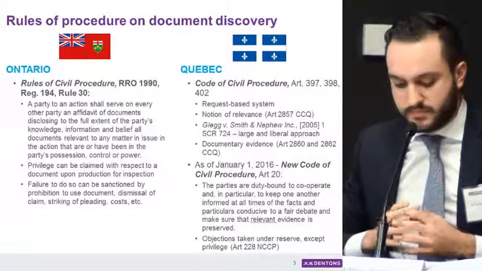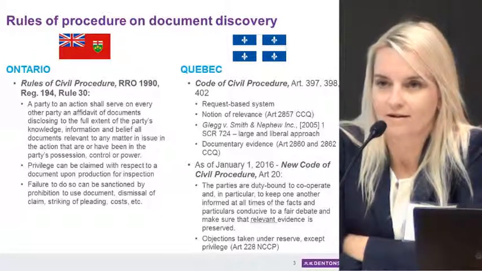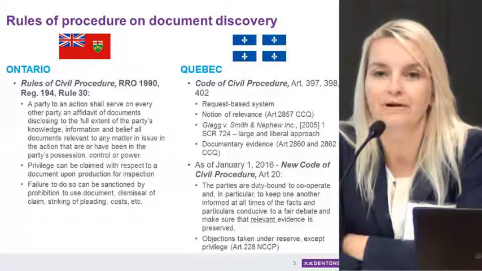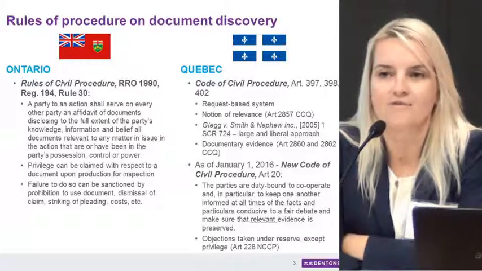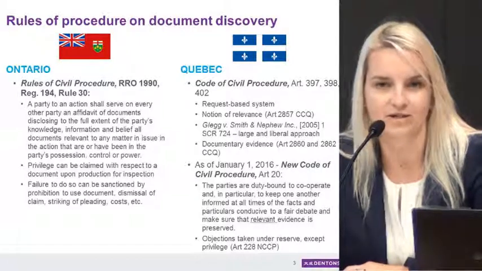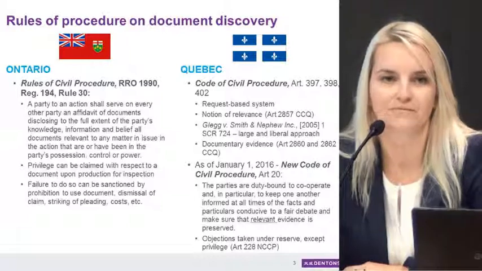So the main difference between Ontario law and Quebec law is that under Ontario law you have to prepare an affidavit listing all documents related to the litigation, and you have to send that affidavit to the opposing party.